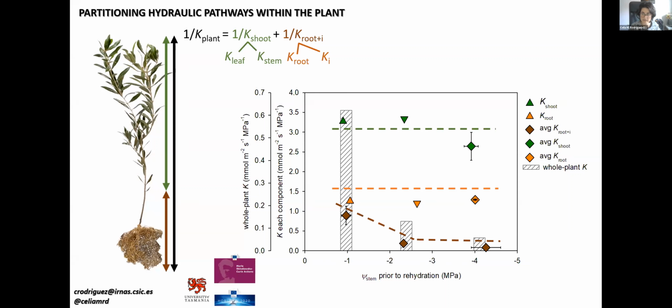Only in the root hydraulic conductance plus this soil-root interface did we find a decrease, between -1 and -2.5 megapascal. And this had a drastic impact on the whole plant hydraulic conductance.